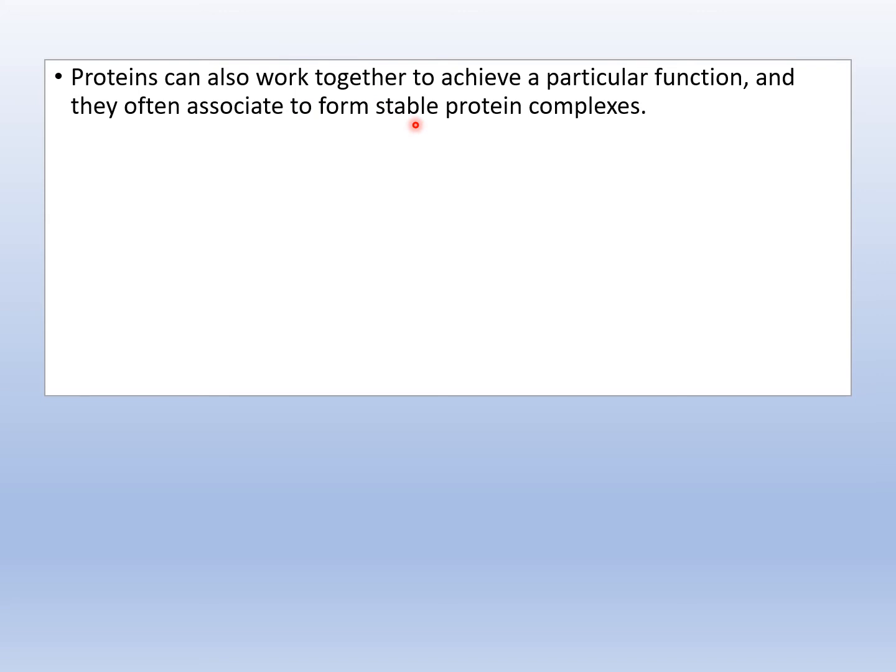Proteins can also work together to achieve a particular function, and they often associate to form stable protein complexes. That is true. Guys, please take note that even though our organic molecules, proteins, carbohydrates, lipids, and nucleic acids are different in terms of their structures, at some point, these organic molecules can also work together in order to play a major or important role in biochemical processes in the body.